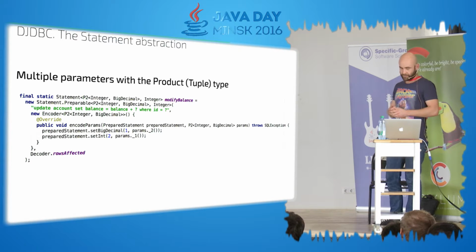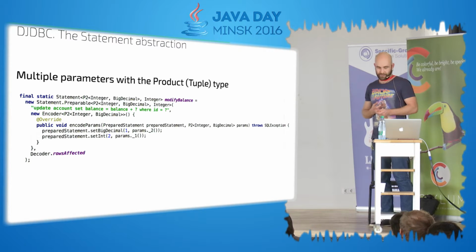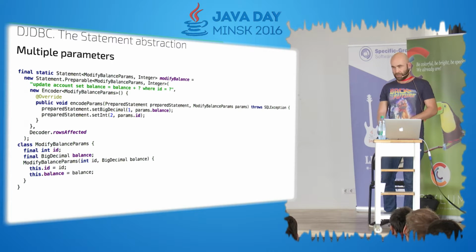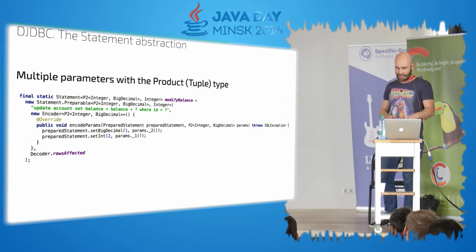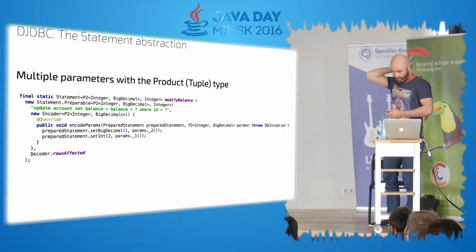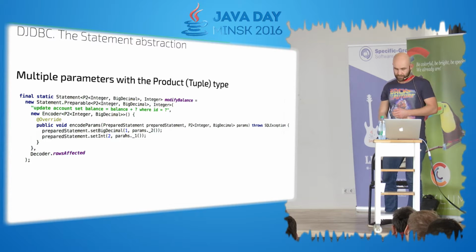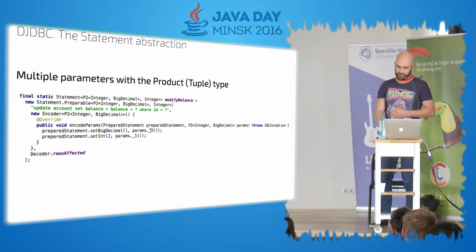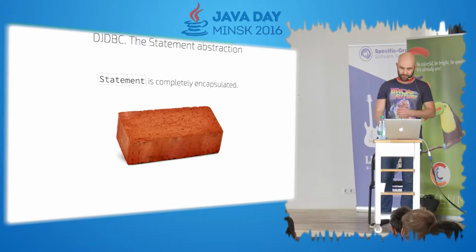And it exports a lot of product types, which are quite similar to ModifyBalanceParams, but they just have those fields as generic parameters, the types of those fields. And we just specify those types in the type signature. And in the implementation of the encode params methods, we just address those parameters from the product.